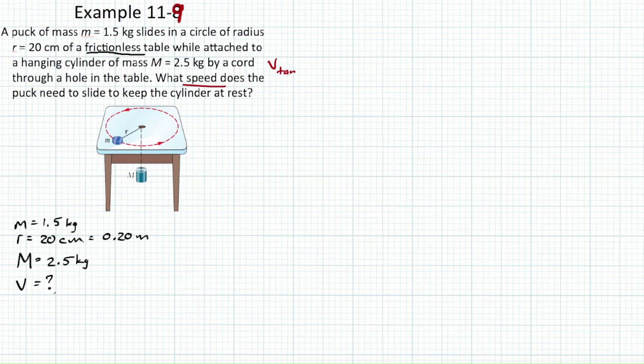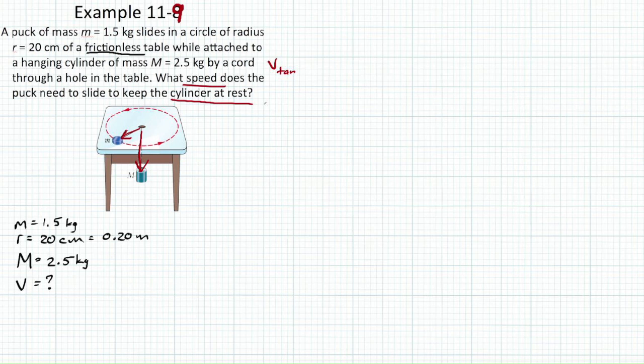Now I'm going to go back and start marking up this little diagram right here. These two forces have to be in balance with each other: this downward force and this tension force. Why? Because the cylinder needs to stay at rest.